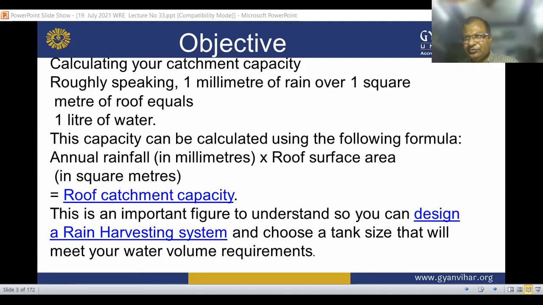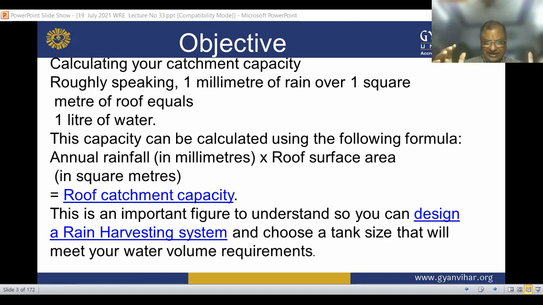So, dear boys, this capacity can be calculated using the following formula: annual rainfall in millimeters into roof surface area in square meters.